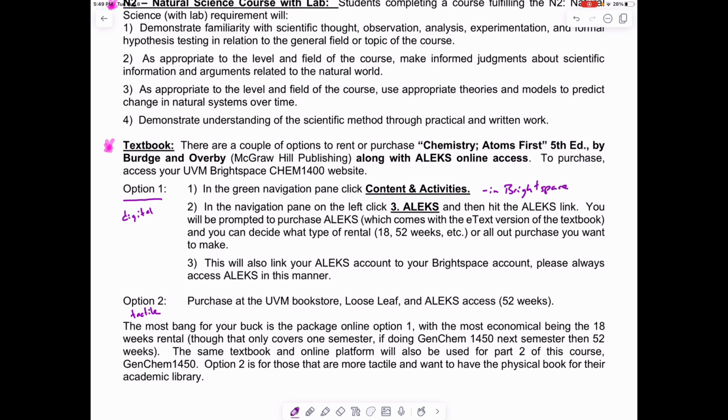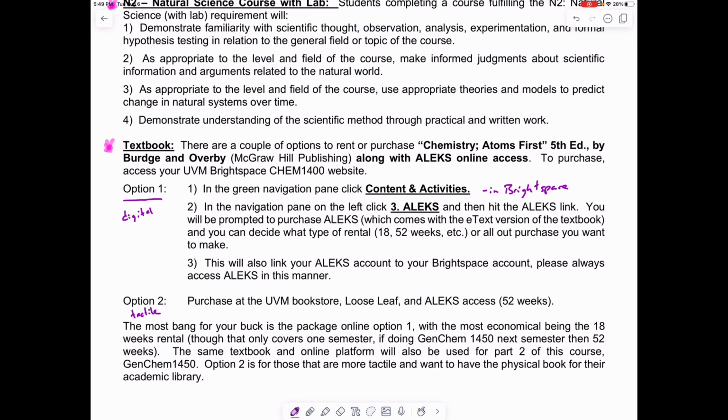You'll see a table of contents on the left, and you want to click the third option, which is labeled ALEKS, and that's going to load the ALEKS platform in a different window. It's immediately going to ask you for a code or the ability to purchase ALEKS along with the e-text version of the textbook. There are different rentals that you could use, such as 18 weeks or 52 weeks.